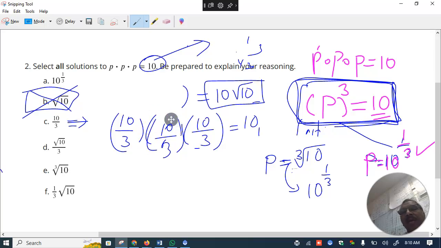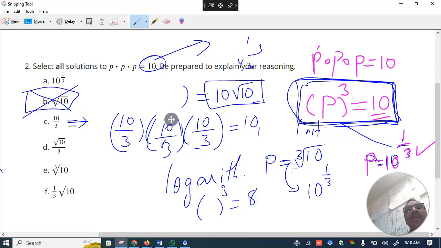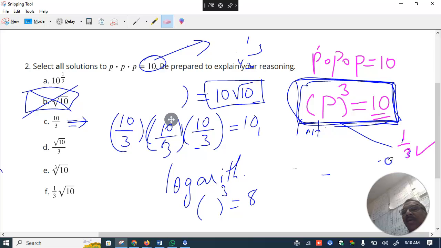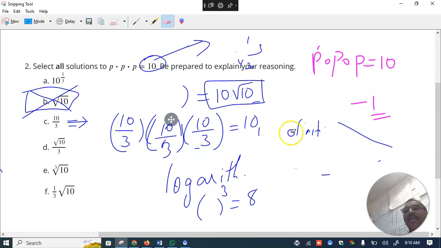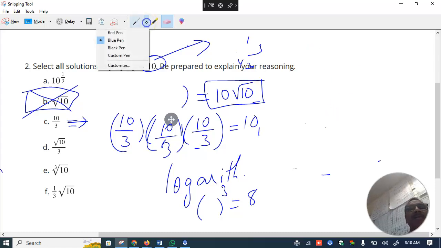Because later on you're going to think of logarithm. There's one lesson on logarithm where what number multiplied by itself 3 times gives 8, and we get an inverse function called a logarithmic function. Now, in order for that lesson to be easy, you need to know this exponential function.